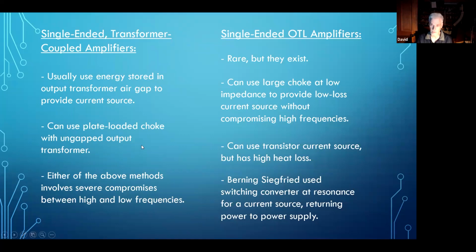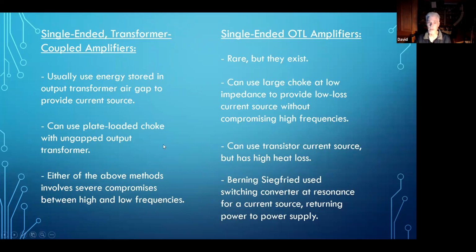But if you can use a choke at low impedance, like at the speaker impedance, the high-frequency problems aren't there because the impedance is low enough that they don't come into play. The low-frequency ones do.